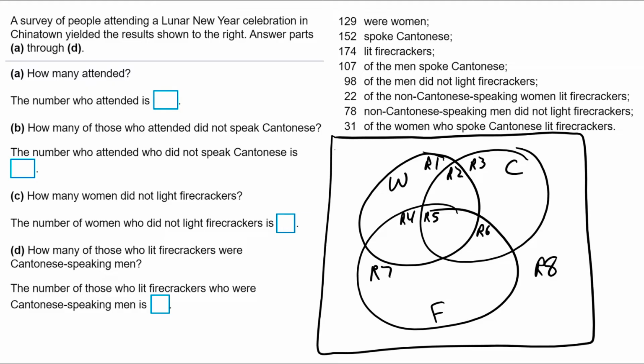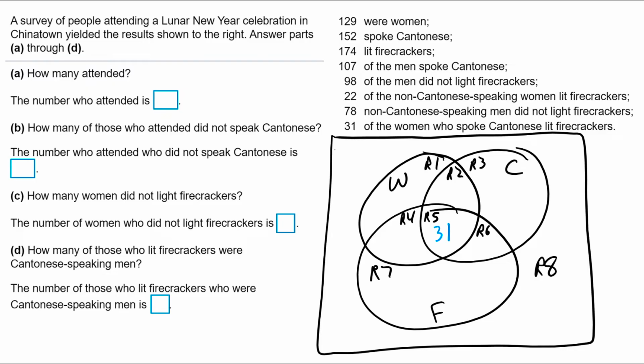All right, often starting at the bottom of the list is helpful. It says 31 of the women who spoke Cantonese lit firecrackers. So they're women, so they're in the women's circle. They speak Cantonese, so they're in the Cantonese circle, and they lit firecrackers, so they're in the firecracker circle. So that's region 5, and that's going to be 31.